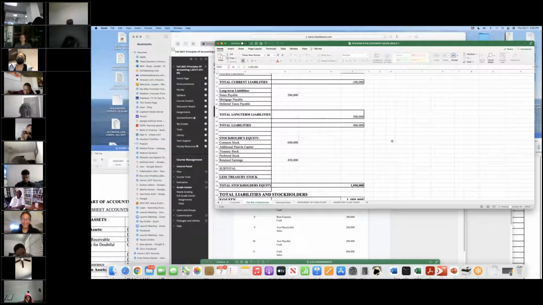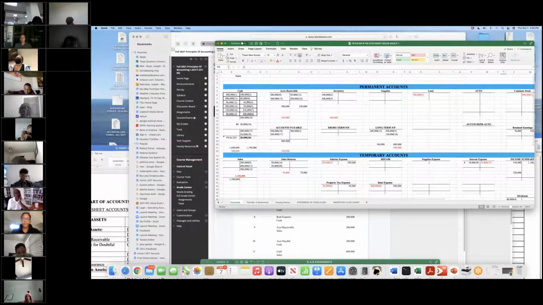I'm still stuck on how y'all got cash 300,000. So you're going to have to go through the cash account and look at that. But everybody's saying you're off by 200,000 in here. So can anyone help? What about this item 6 where it has 200,000? That's supposed to be here. 16, yes, 200,000.